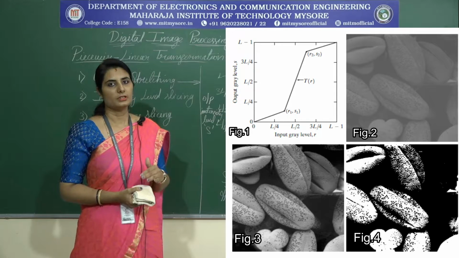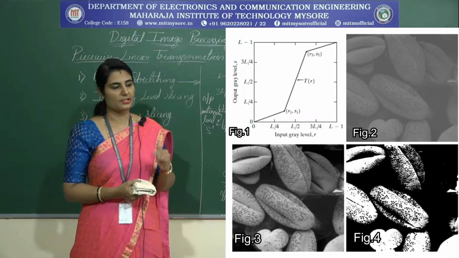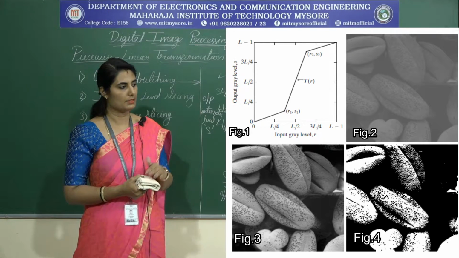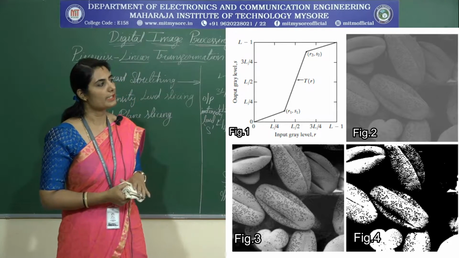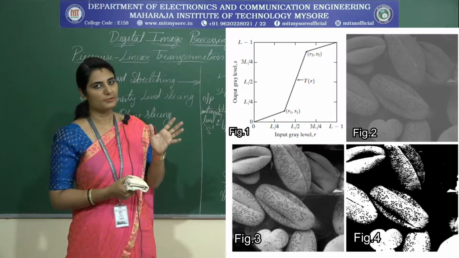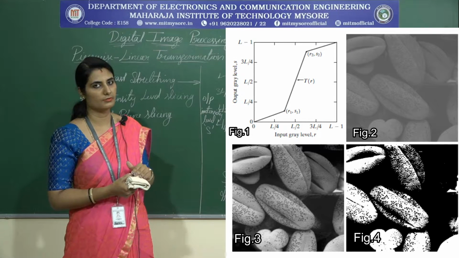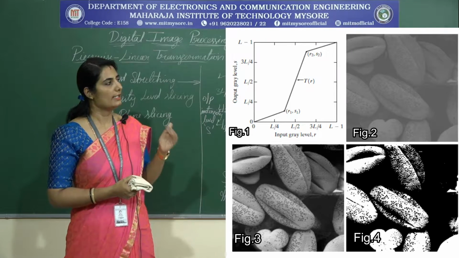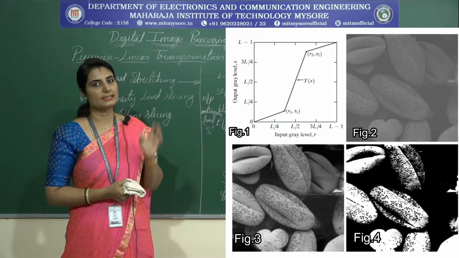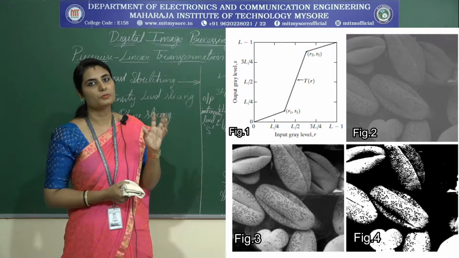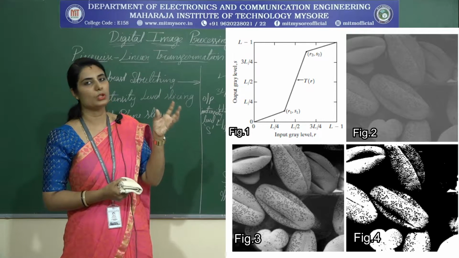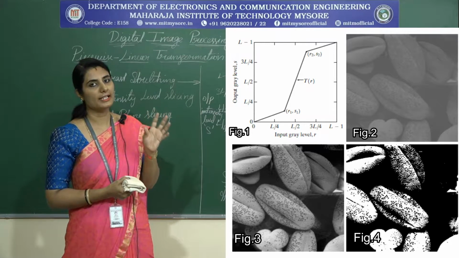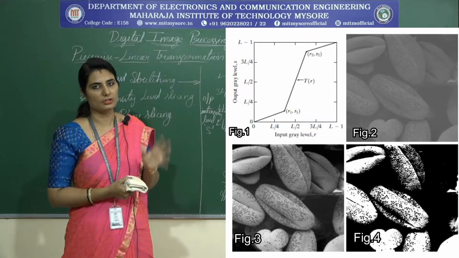Now to illustrate contrast stretching, let me consider an example. Look at this figure. Figure 1 is the transfer function which I have shown just now, and figure 2 is a low contrast image of pollen grains. This is a poor quality pollen image, where the fine details are not visible.